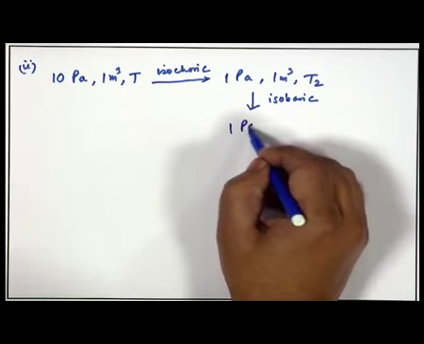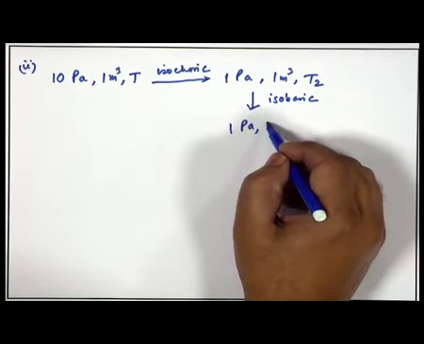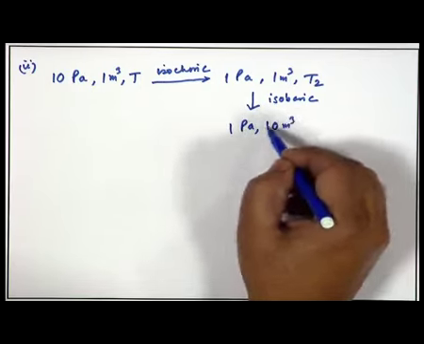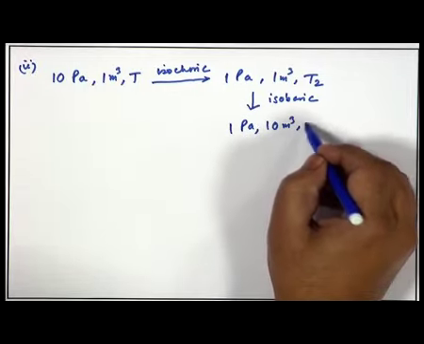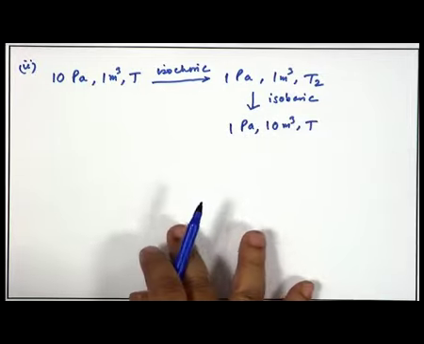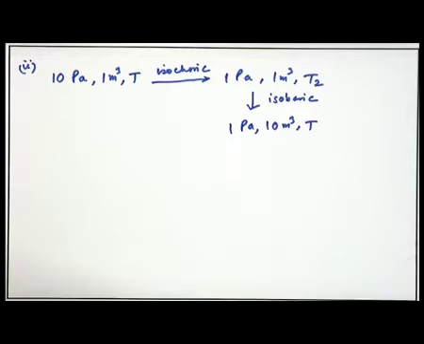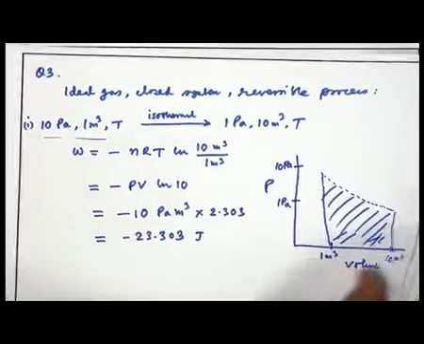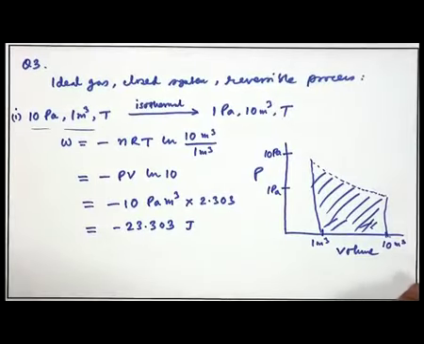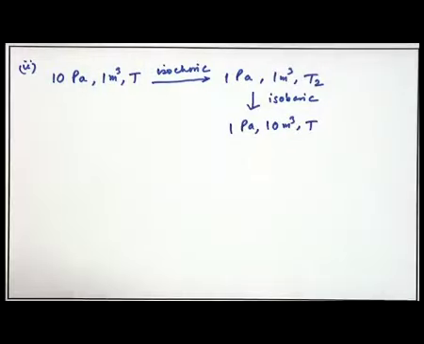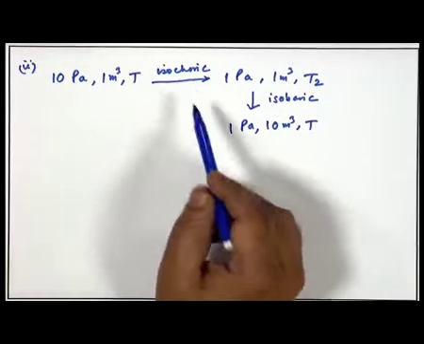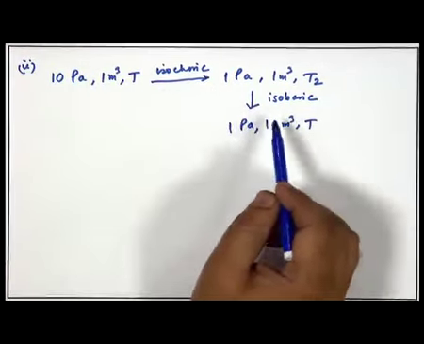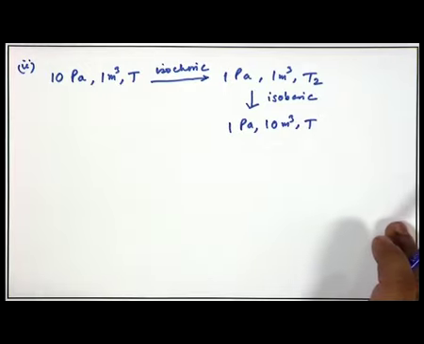The initial state and final state are the same as in the last example, but earlier I did it in a reversible isothermal way. In this case, we are doing it in two steps, isochoric and isobaric.